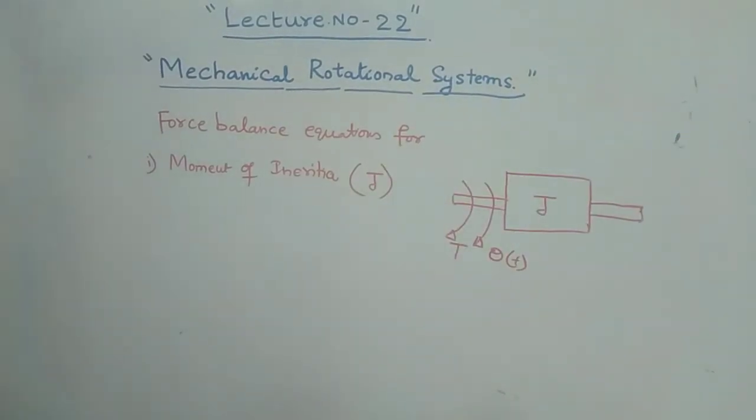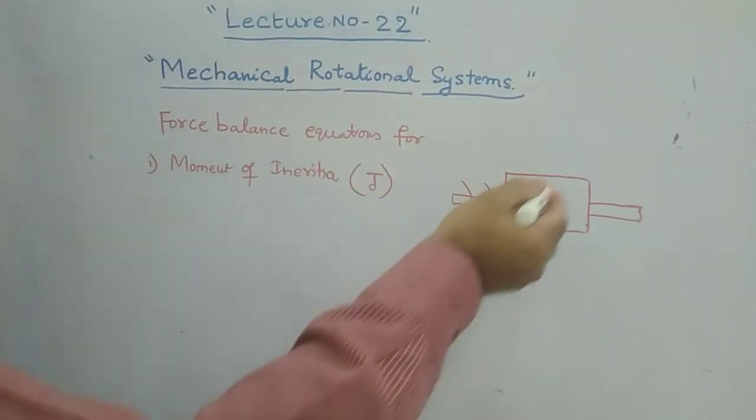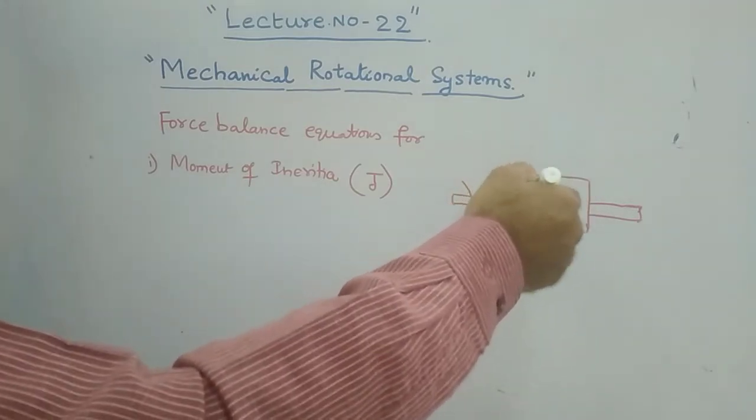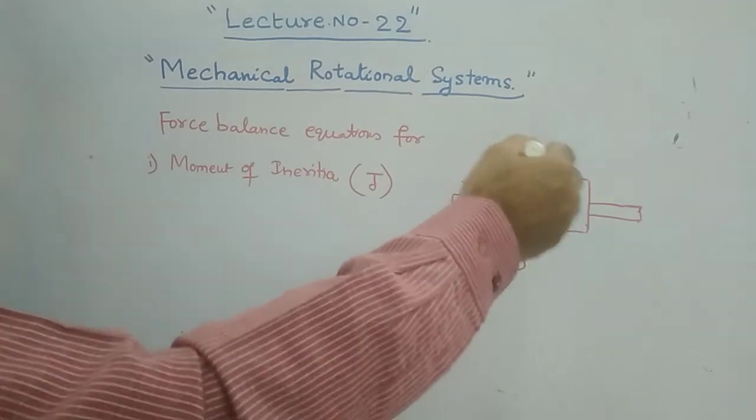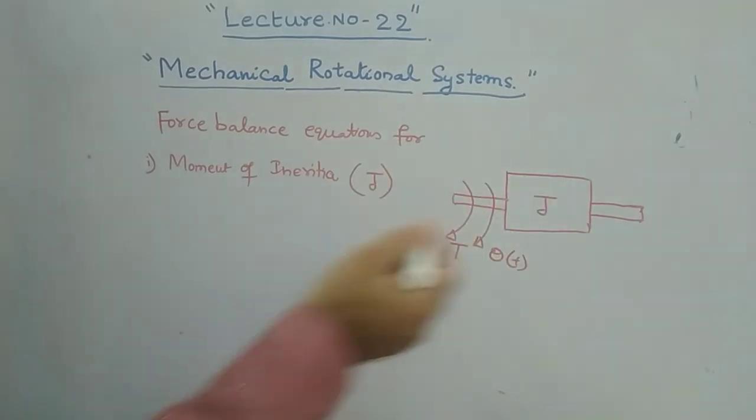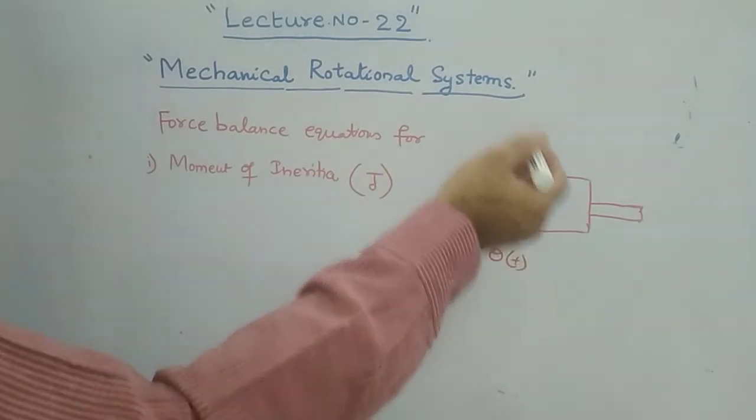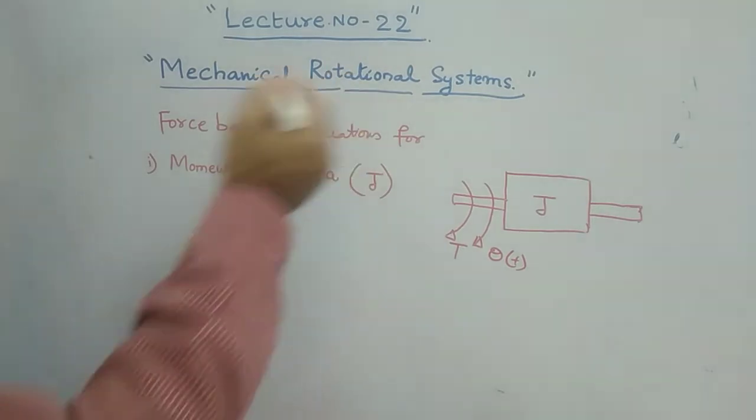Now whenever some torque is applied on the physical mechanical body having moment of inertia J, this J is nothing but equivalent to mass in our previous translational system.